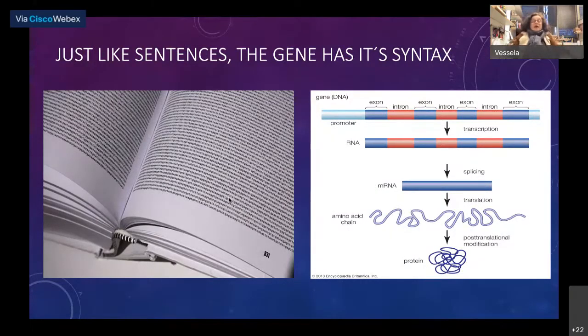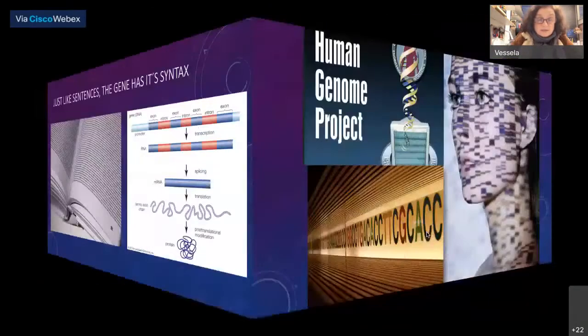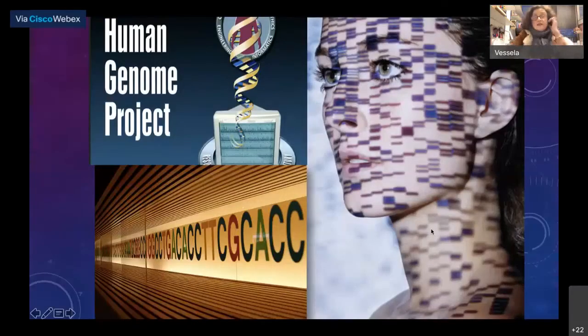And in that way, there's been a huge amount of work to pile evidence for the functional importance of these proteins that are coded by the genes. And this became finally possible with the Human Genome Project, which also was mentioned earlier, and which was the final full stop of being able to read all the sequence of a human being.